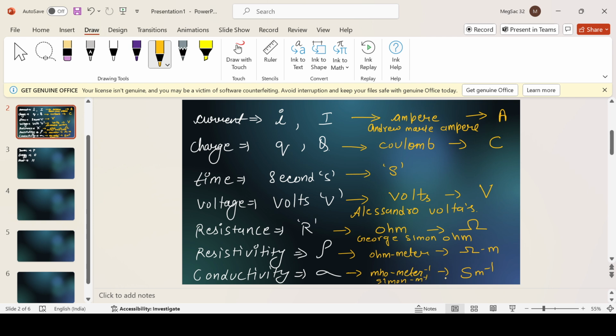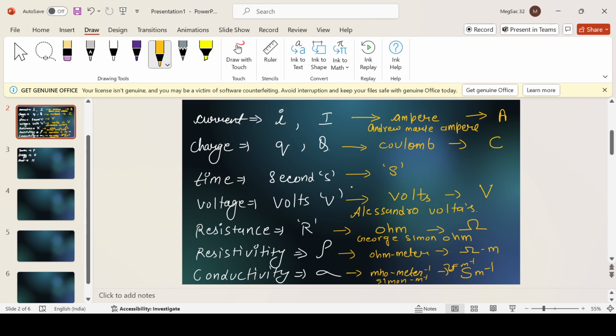Got it? For the Siemens you write S, and for the mho you write the ohm symbol upside down. What is the difference between the two? Resistivity is the property of the material which does not allow the current to flow in the conductor, but conductivity is the property of the material which allows the current to flow easily.